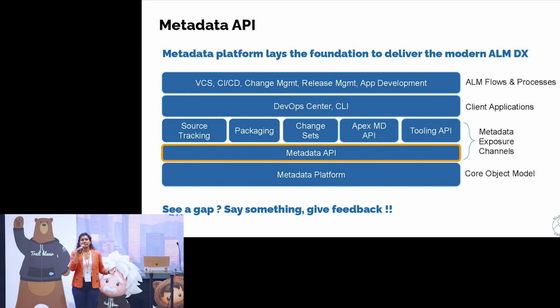All of this is to say that if you see a gap, if you're unable to migrate a feature or an entity between orgs, or if you see any issue with them, there's a likelihood that that feature is either incorrectly exposed in the API or just missing from the API. If you see a gap like that, let us know, give us feedback, or let the feature team know. Just reach out to us, say something.